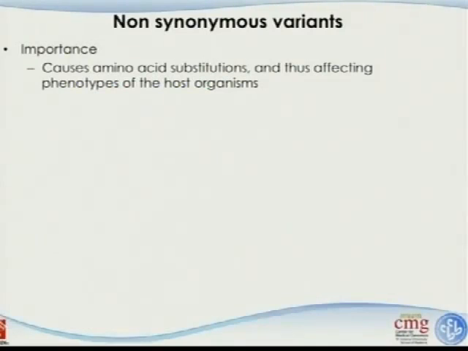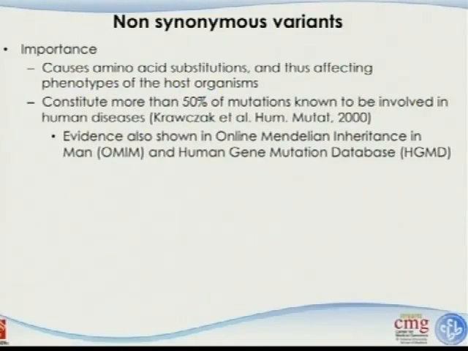Okay, so let's go to the most important type of variation, which is the non-synonymous variations. The importance of this is that it causes amino acid substitutions and thus affects the phenotypes of a host organism. All right?